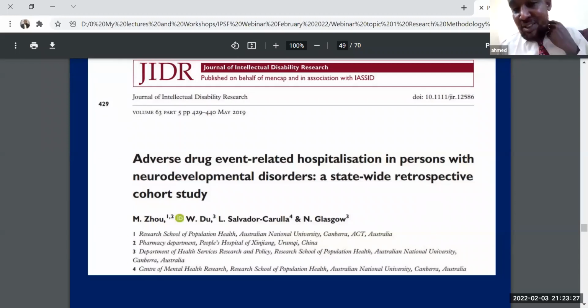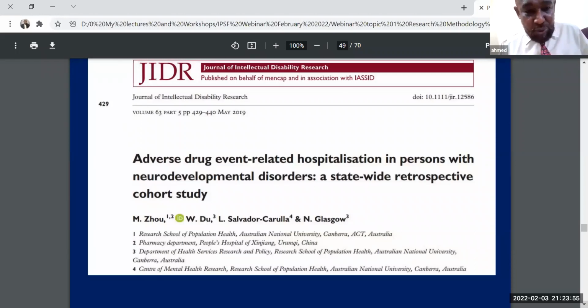But one advantage, if we use retrospective cohort, we can save time. Retrospective cohort means we can go back in records, if we have good records, like 20 years back. In some Western countries, they have good records, so they can have good data for tens of years.